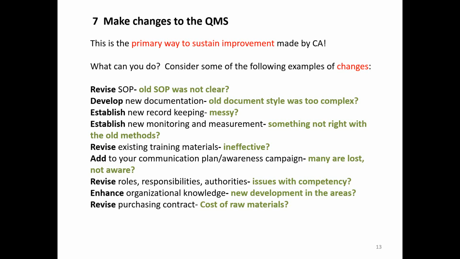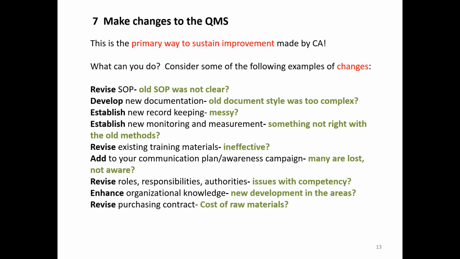Some of the examples given here, maybe the old SOP was not very clear, and therefore this contributed to the non-conformity. Therefore, you have to revise the SOP, make it clear. Maybe the old document style was too complex. Therefore, some people were not able to understand it.